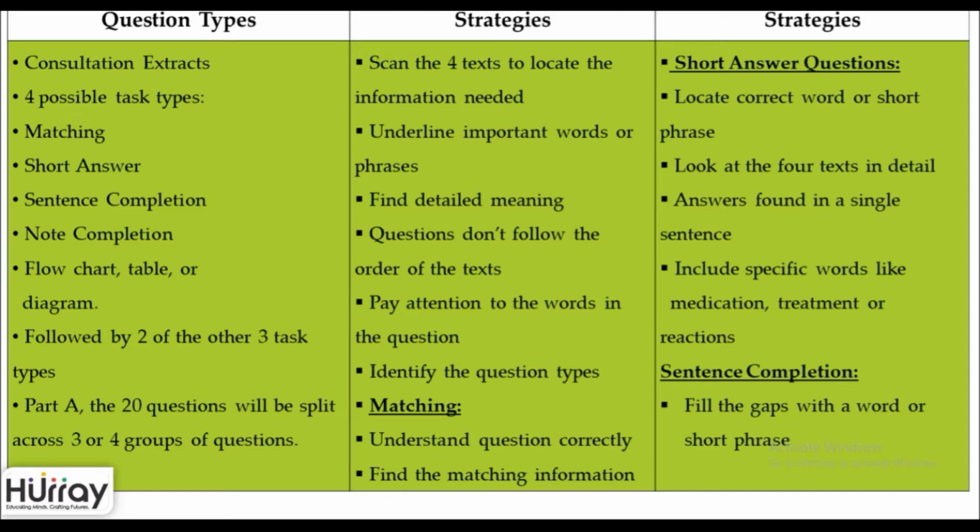They include matching the information or short answer type questions, sentence completion, note completion, flowchart, table or diagram completion. If you are given any one of these questions, they are often followed by 2 of the other task types.